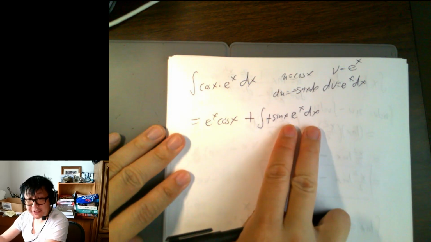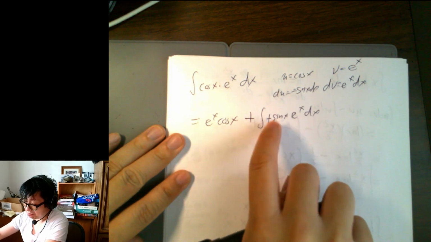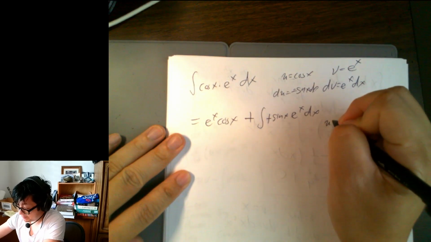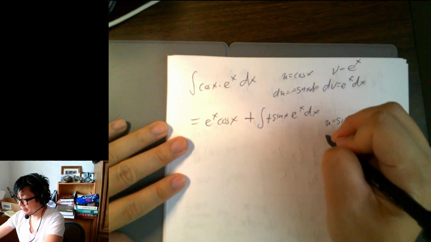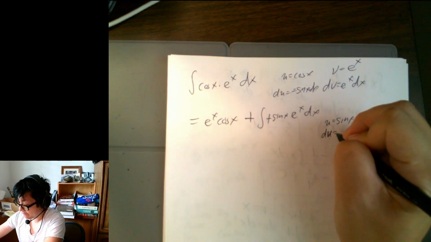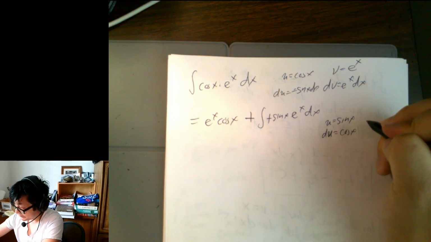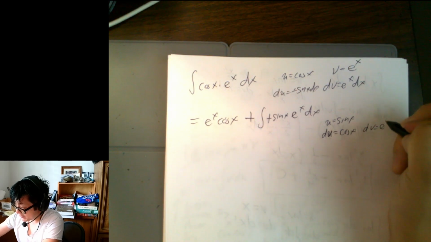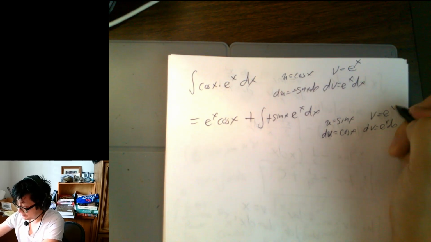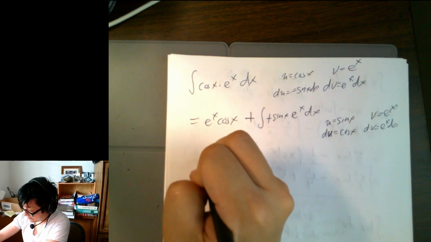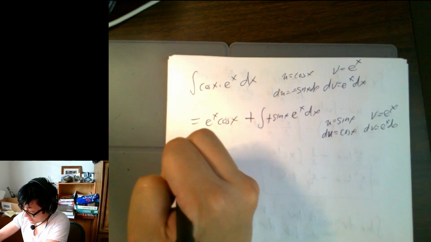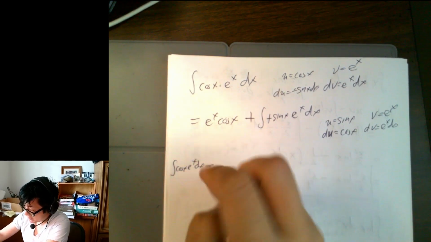Looks like I'll have to do it again. Again, trig function is u. dv would be e to the x dx again. And so remember, on this side I've got cosine x e to the x dx.